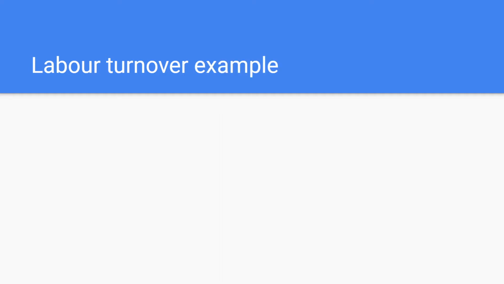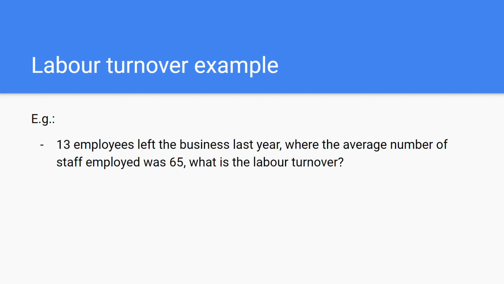So a labor turnover example would be: 13 employees left the business last year, where the average number of staff employed was 65. So what is the labor turnover here? You can just think about it fast in your head. You should know it by now.